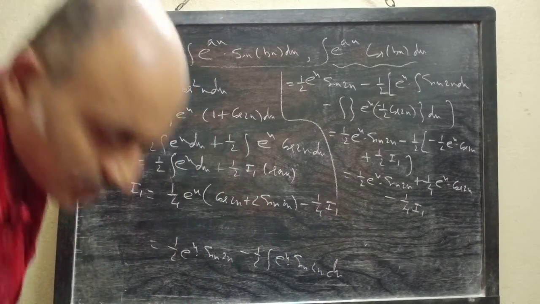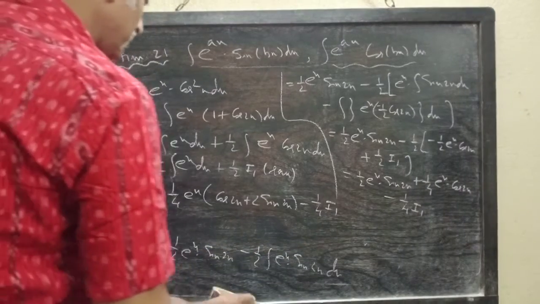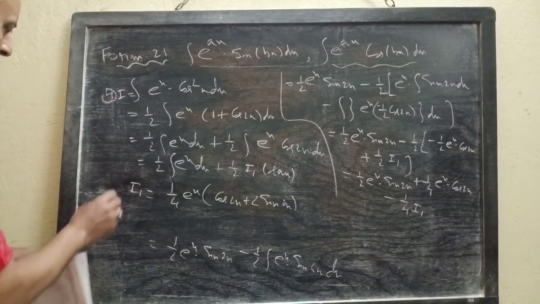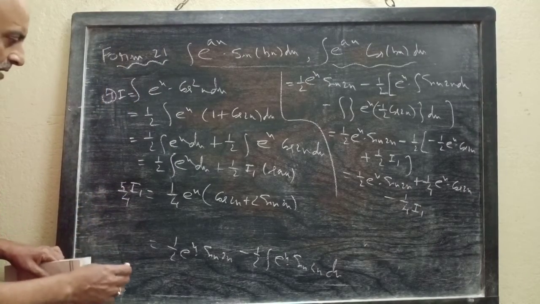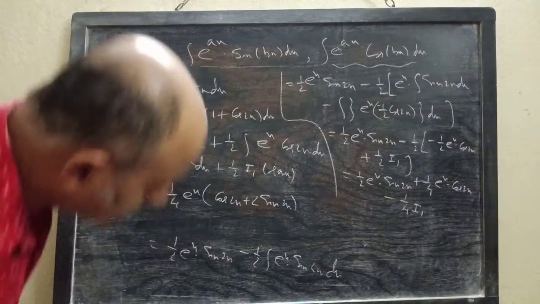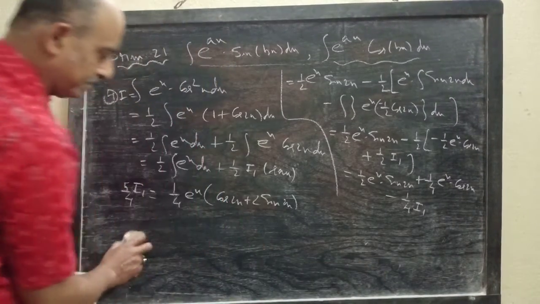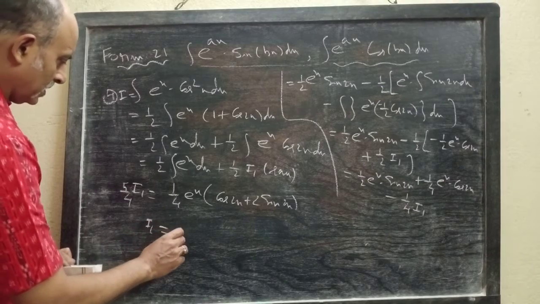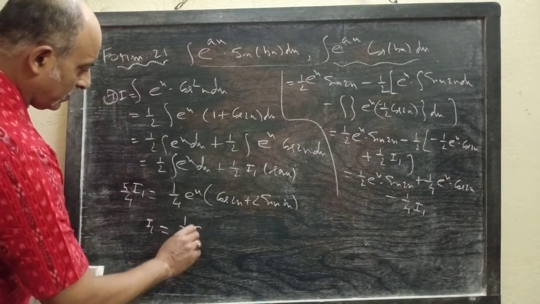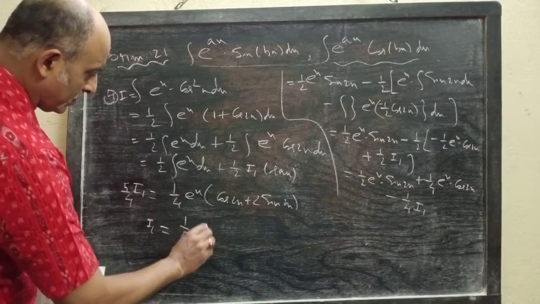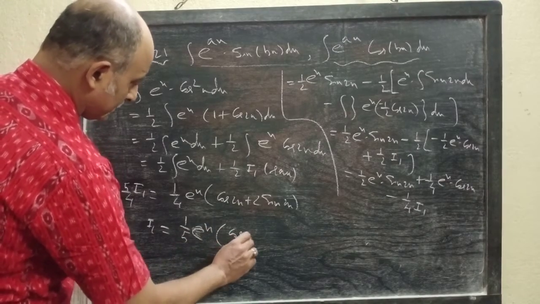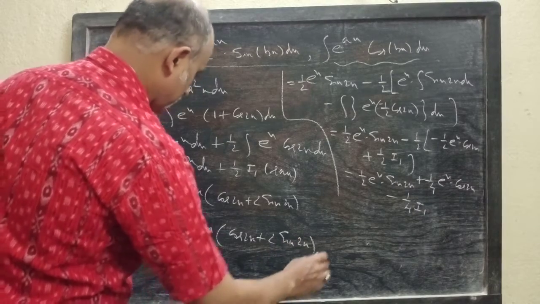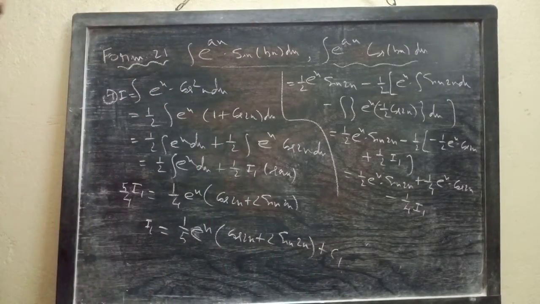Take this I1 part to the left hand side, you get 5 by 4 I1 equals this. Therefore your I1 becomes 1 by 5 e to the power x into cos 2x plus 2 sin 2x plus c1.